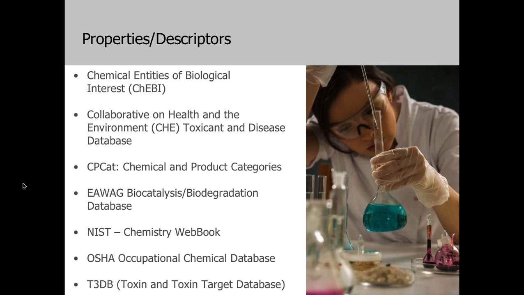We've added the collaborative on health and environment, toxicant and disease databases. This is a database that links exposures to chemicals to diseases. The CPCAT database is from the EPA. This is a nice large collection that has roughly 43,000 different chemicals in it.